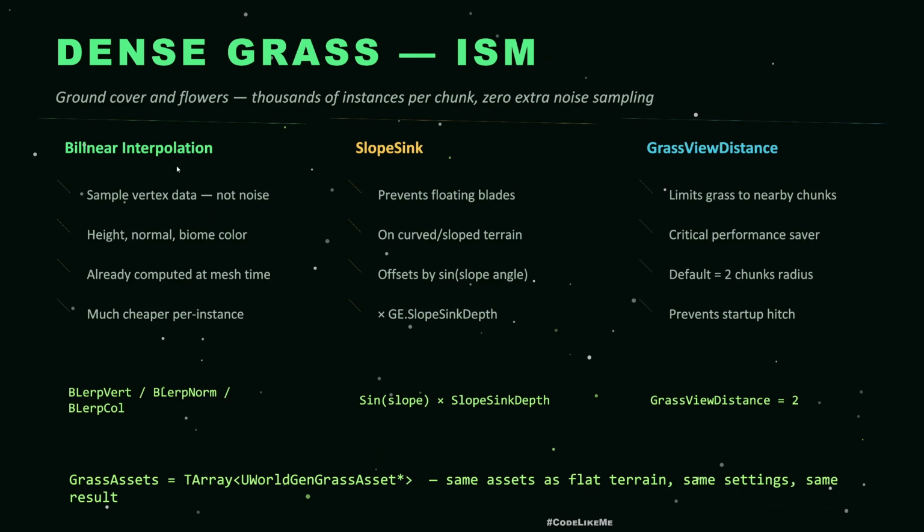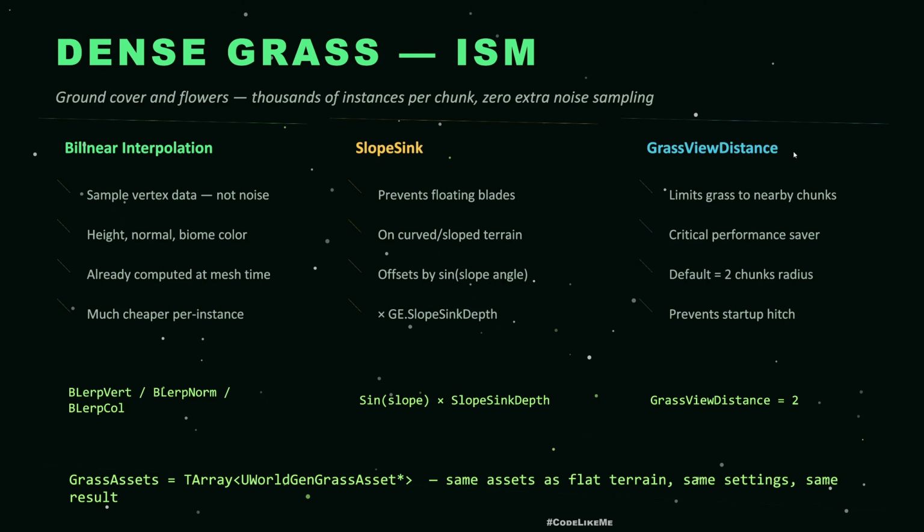And as for grass, we are using bilinear interpolation to determine the location of the grass instances that need to spawn. This data is already available because we calculate it in the generation of the mesh, so we can reuse it. It's better for performance. And this slope sync is something I have implemented to prevent floating grass clumps when there is a slope on the landscape.